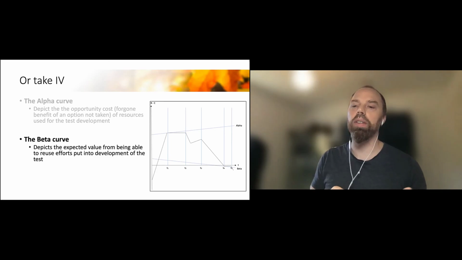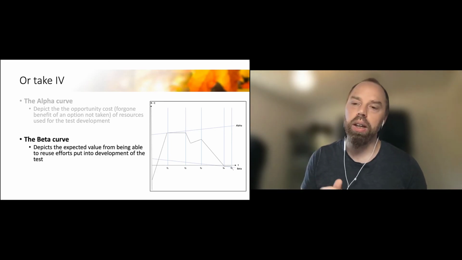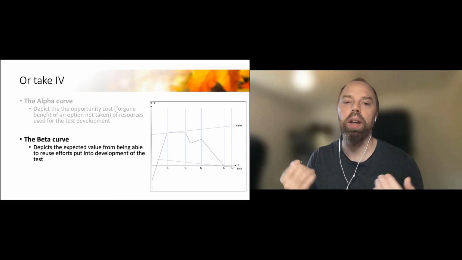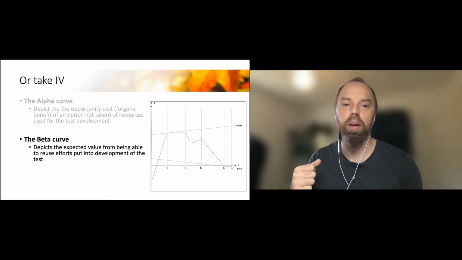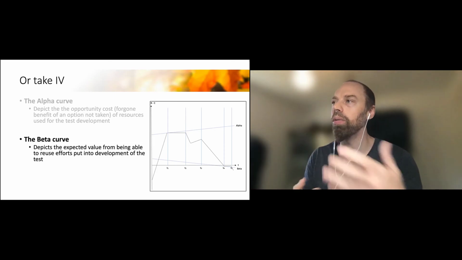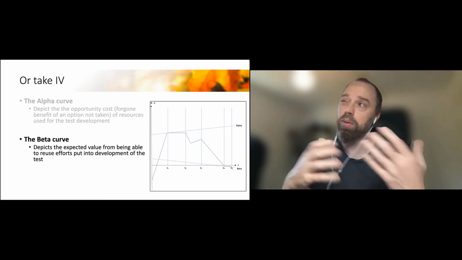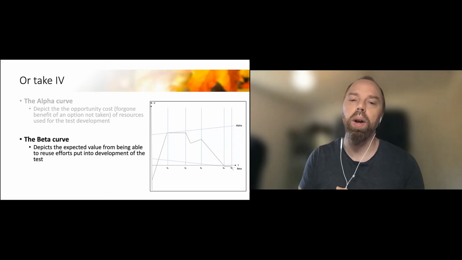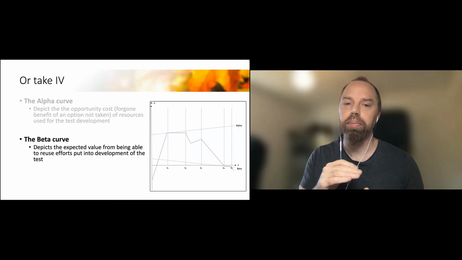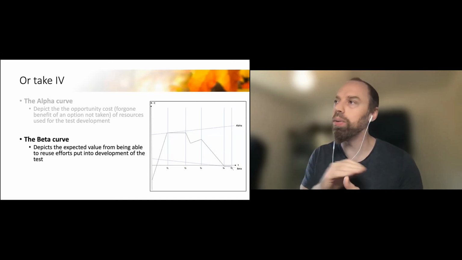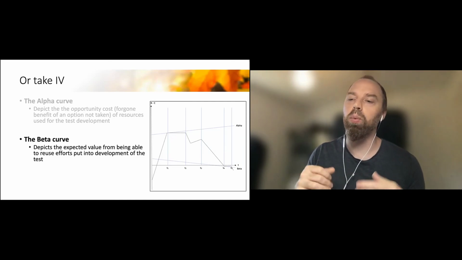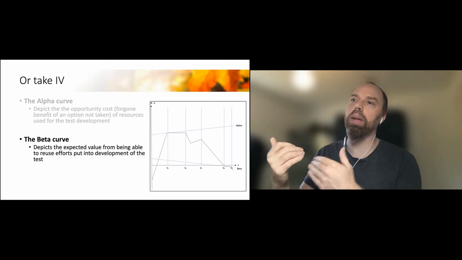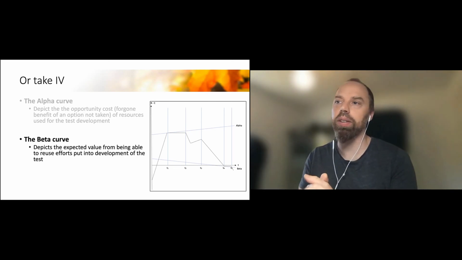The beta curve instead is the lower curve, and that curve indicates when the expected value from reuse of this resource, being the test or test tool or suite, is connected to test case aging, when we have to think about abandoning our test for sure.